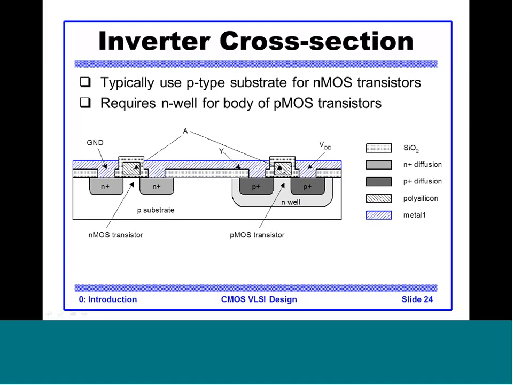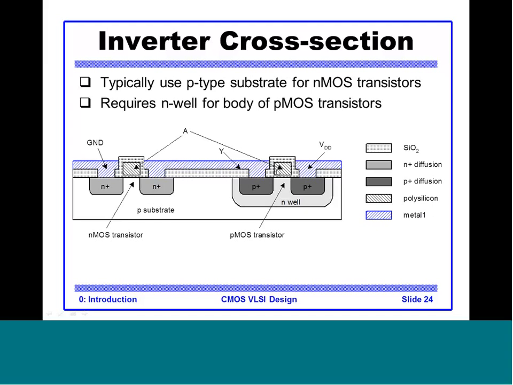This cross section is a vertical cross section. Imagine a 3-dimensional layout. The gate here and the gate here are actually connected somewhere behind. They both are connected to form the input A. The silicon dioxide here acts as an insulator.